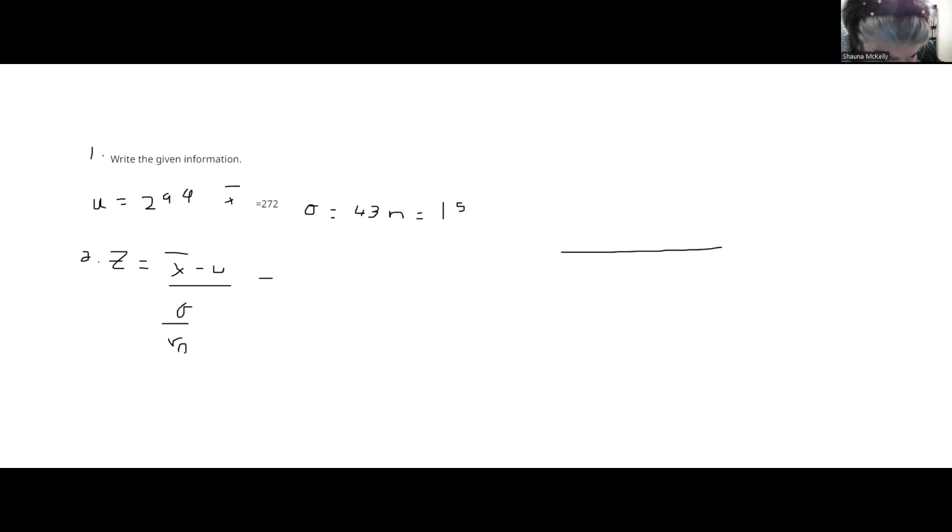So now we're going to have 299 minus 272 over 43 divided by the square root of 15.